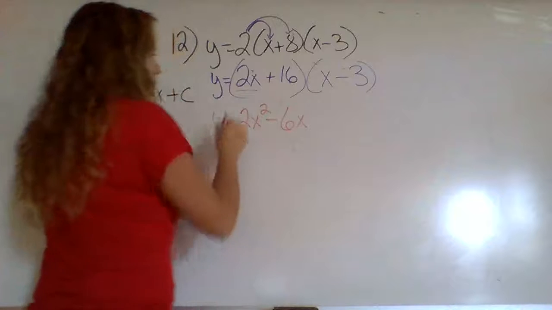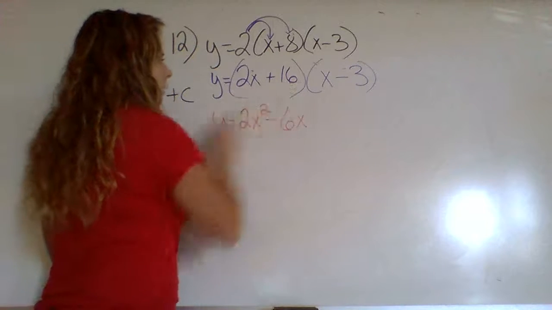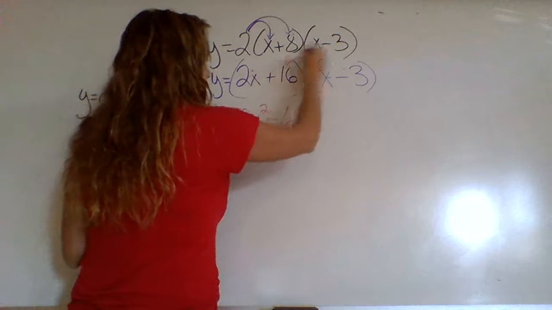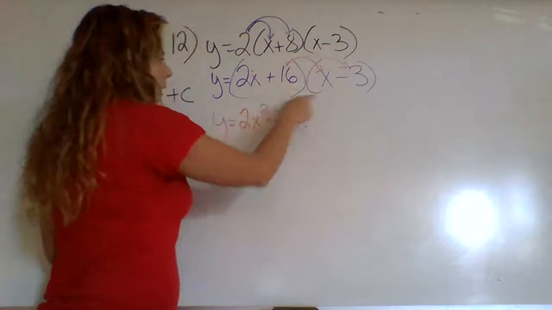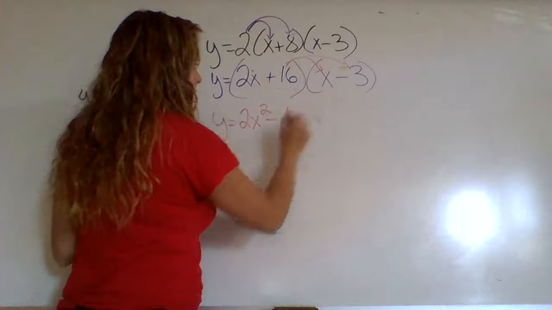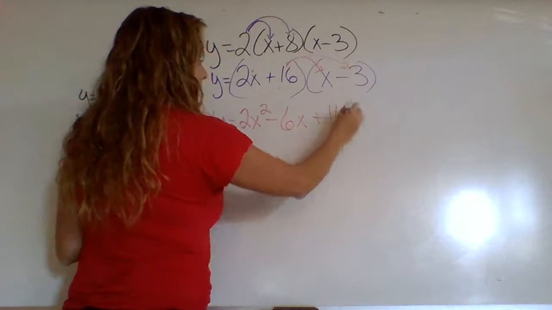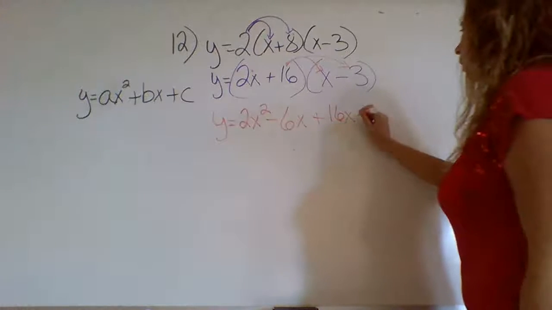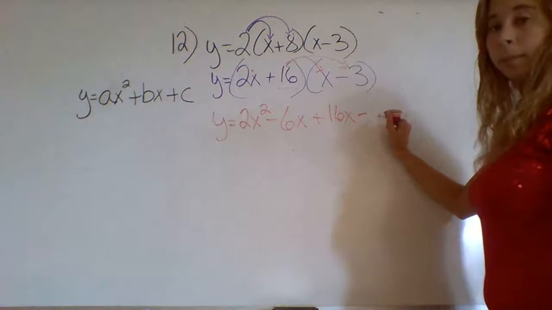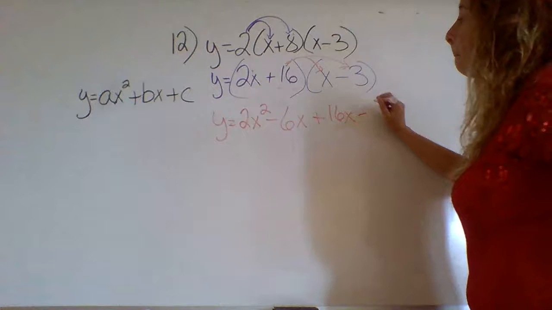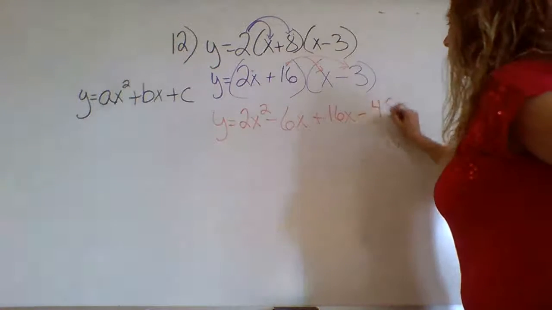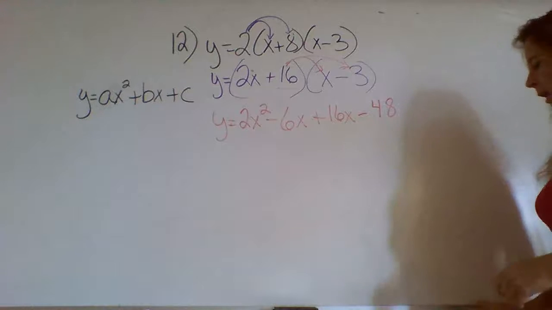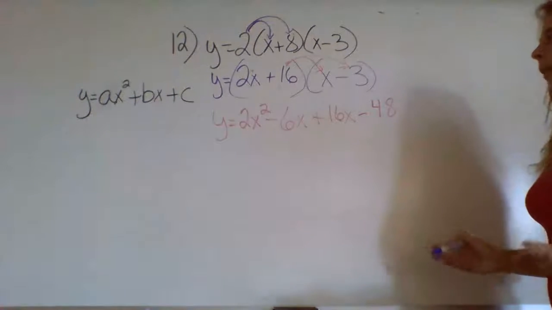So move on to the 16. Same thing, we're going to distribute the 16. 16 times x is 16x. 16 times negative 3 is negative 48. There you go. You've multiplied everything.